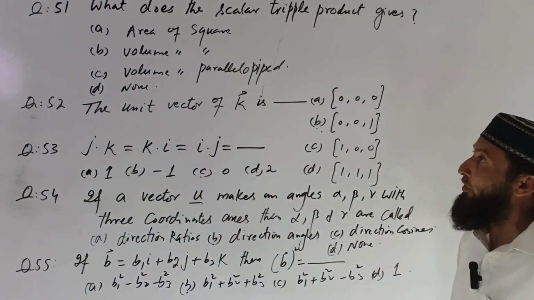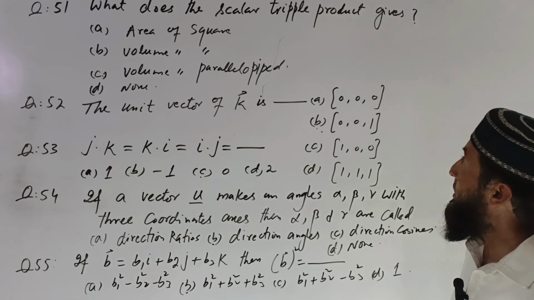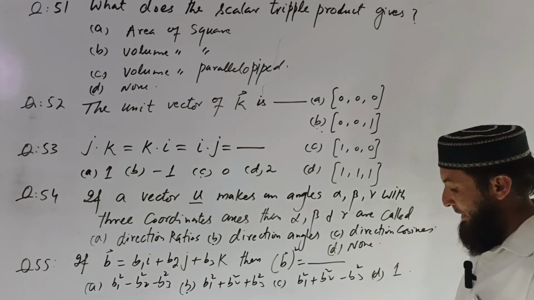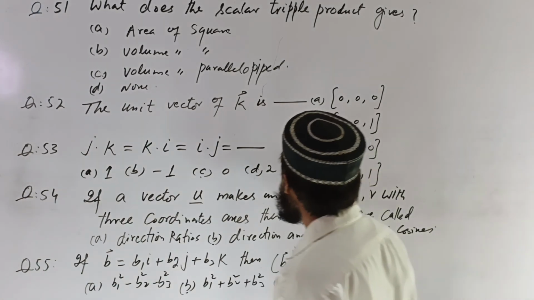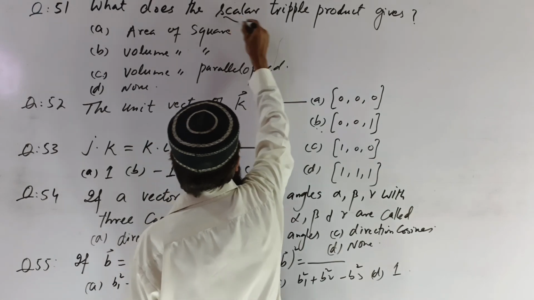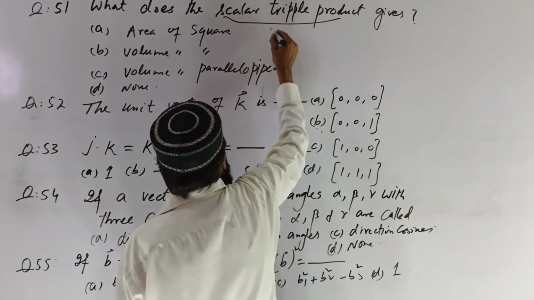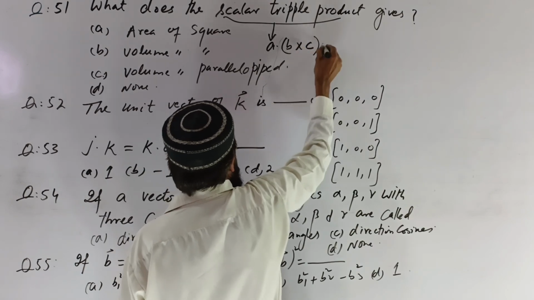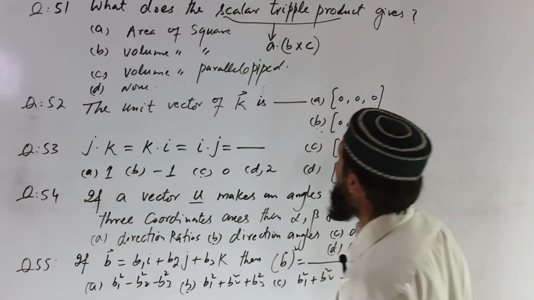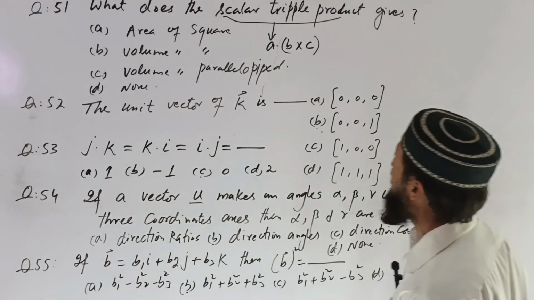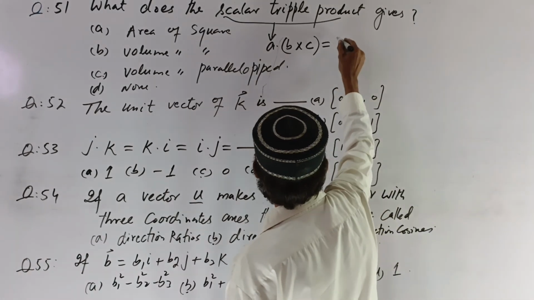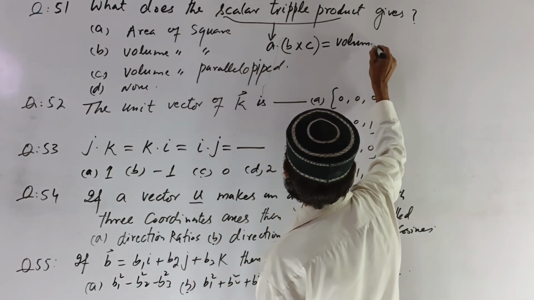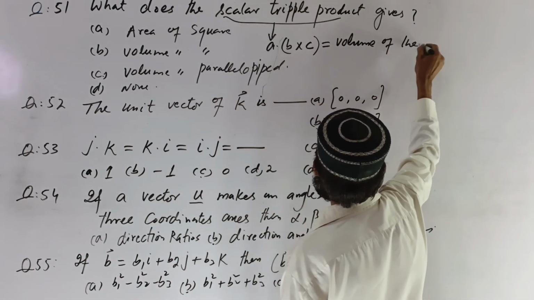Proceeding, question number 51: what does the scalar triple product give? We have already discussed the scalar triple product. A dot B cross C is the scalar triple product, and this formula is also used for the volume of the parallelepiped.